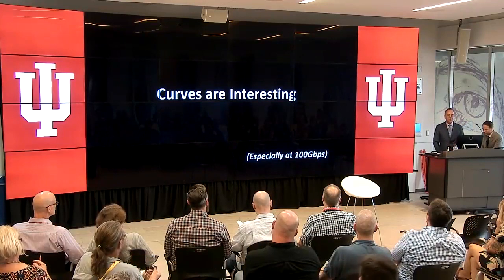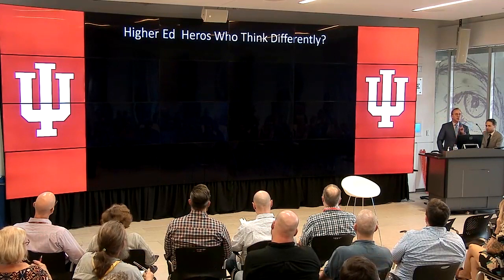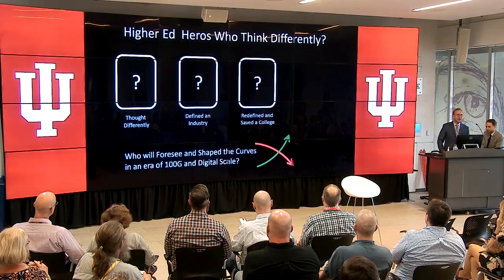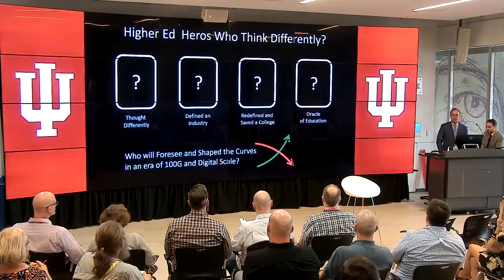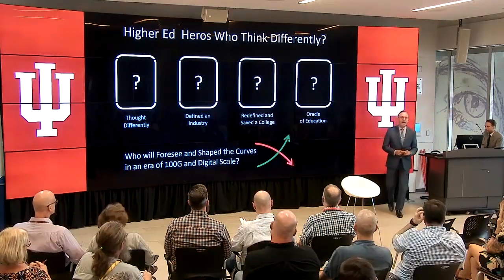So curves are interesting, and since it's a tech audience, especially at 100 gigabits per second. And so here's the hook for the future. Who will be those higher ed heroes who think differently going into the future? That was pulling them into a little bit of a call to action.